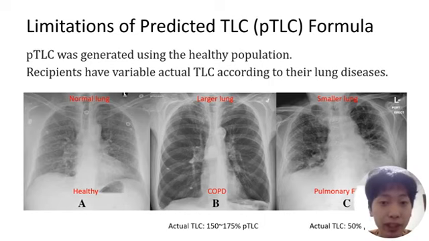From Figure B, we can see that in severe chronic obstructive pulmonary disease, or COPD patients, the lung size is much larger than that of healthy patients shown in Figure A. In fact, the actual TLC could be as high as 150 to 175% of predicted. On the other hand, in idiopathic pulmonary fibrosis patients shown in Figure C, the lung size is much smaller and the actual TLC could be as low as 50% of predicted.